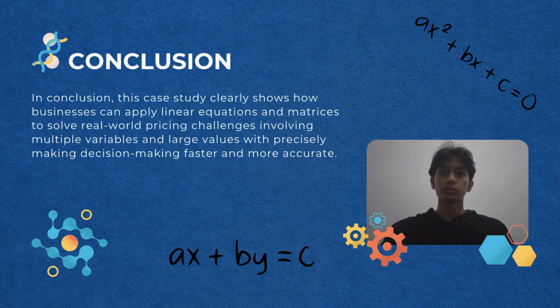This approach showcases the practical application of matrices in business analytics, especially in areas such as marketing, budgeting, pricing models, and cost allocation. Ultimately, this study highlights how mathematics, particularly linear algebra, can be a powerful tool for problem solving and decision making in professional industry.